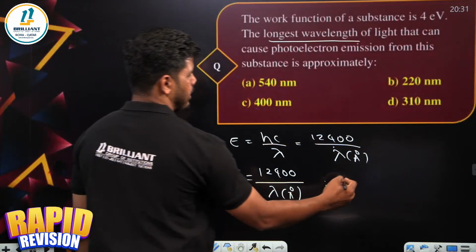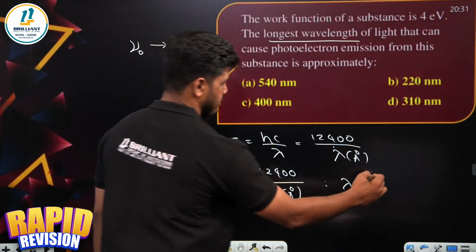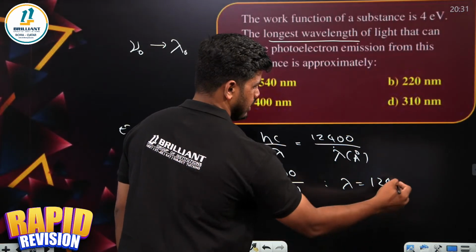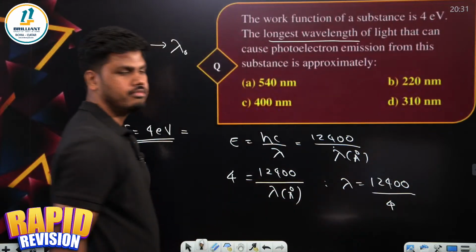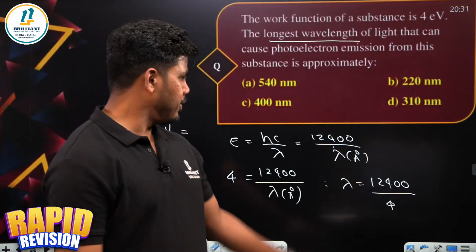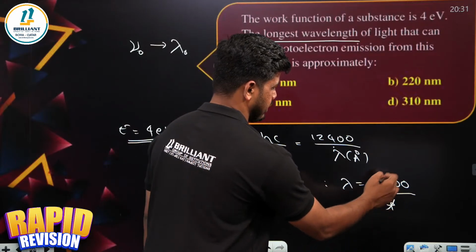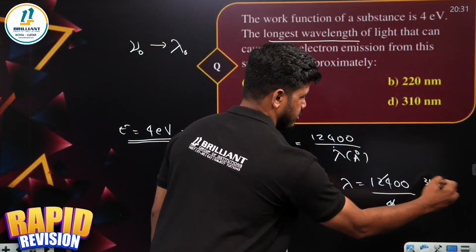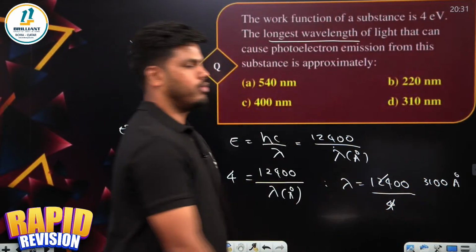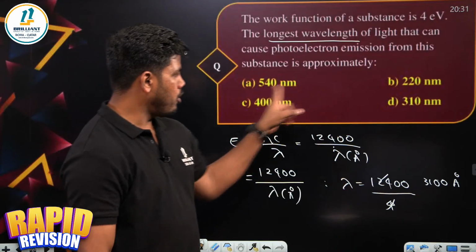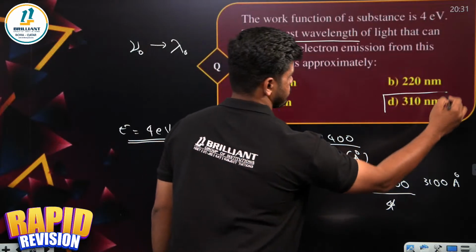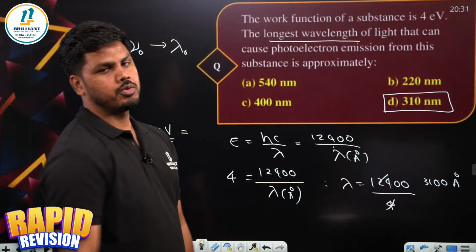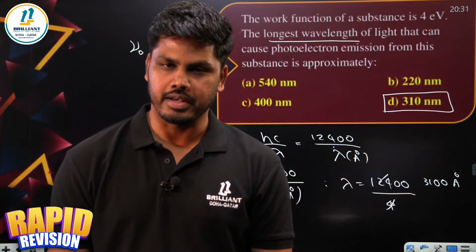So what will be lambda in angstrom? 12400 divided by 4. Yes. So what will you get? If you cancel this, you will get 3100 angstrom, right? 3100 angstrom. And you are given all the values in nanometers, so we can take D as our option, right? 310 nanometer is 3100 angstrom.